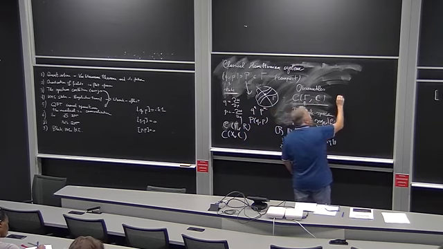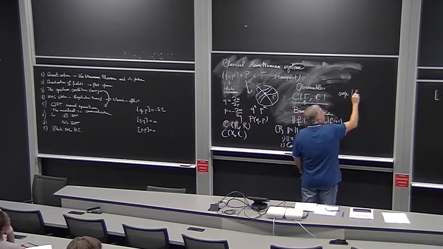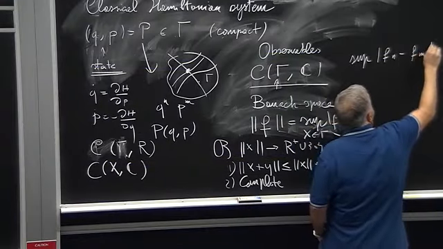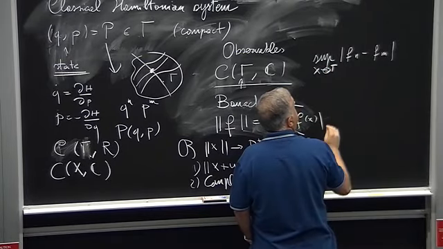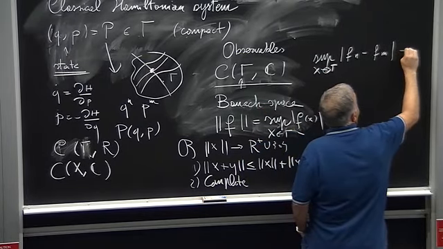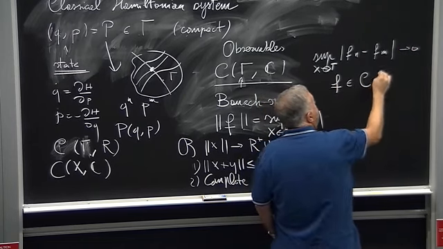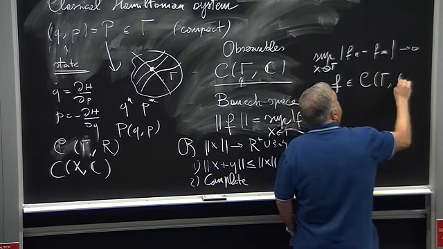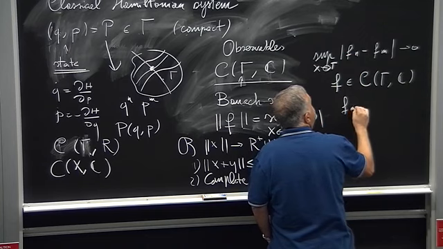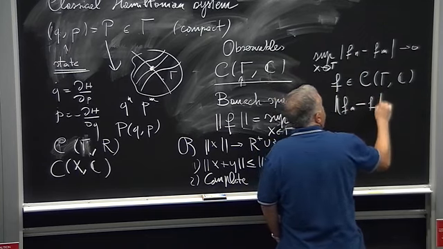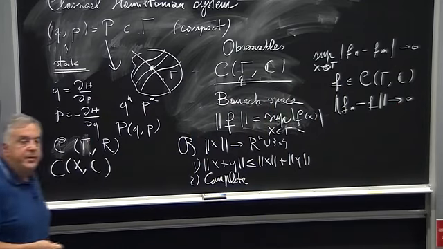So if you have a sequence such that the supremum over x belonging to your compact manifold of |Fn minus Fm| goes to 0, this means that there exists an f, a continuous function with complex values, which is the limit of this sequence in the Banach space sense. So it is a normed complete space.